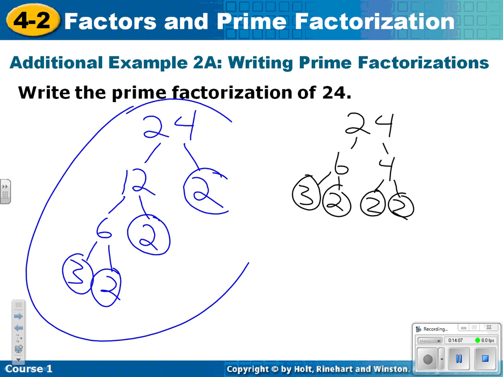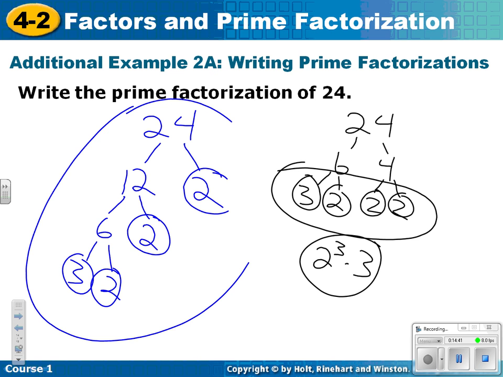Are all of the circled numbers the same circled numbers? Yeah, it makes no difference how we decide to break it down. We could do 12 and 2. We could do 6 and 4. We could have done 8 and 3. Those all work. When we get down to the bottom, though, that is all going to end up being the same. So this is going to be 2 to the 3rd power times 3. There's our answer. Did you have a question? Someone had a question? Okay.